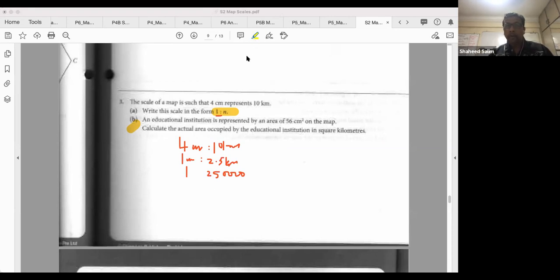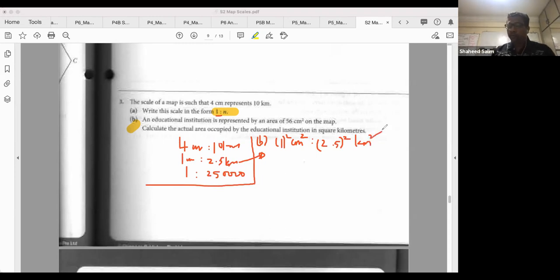Now for B, A is done already. For B, we need to create a scale for area. How? You just square this. Square the 1 cm to 2.5 km, and this one becomes cm square to km square.